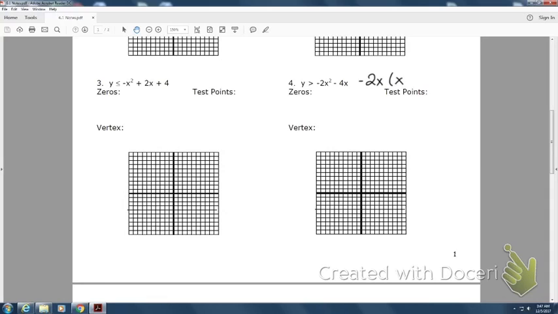I'll be going along, filling it out. I'll try not to get too far ahead so that you can just check your work.